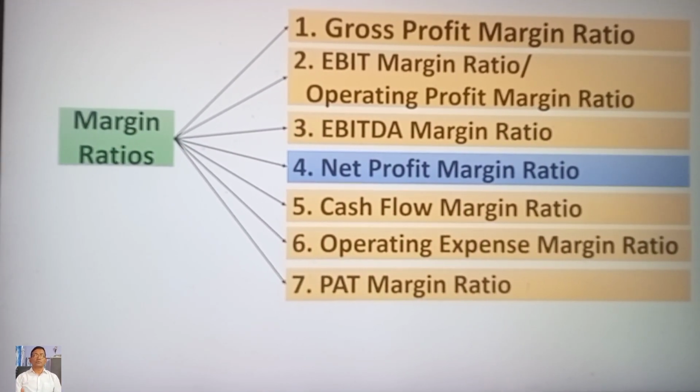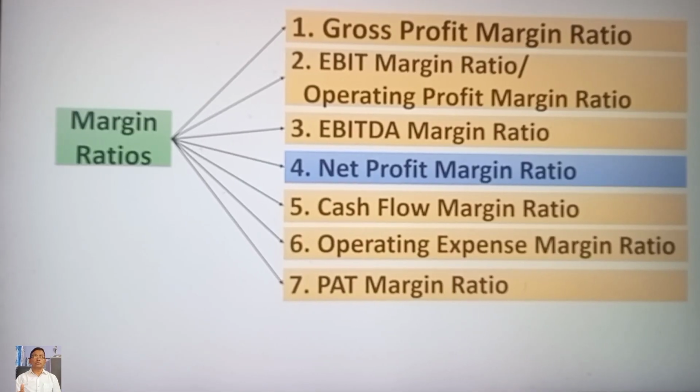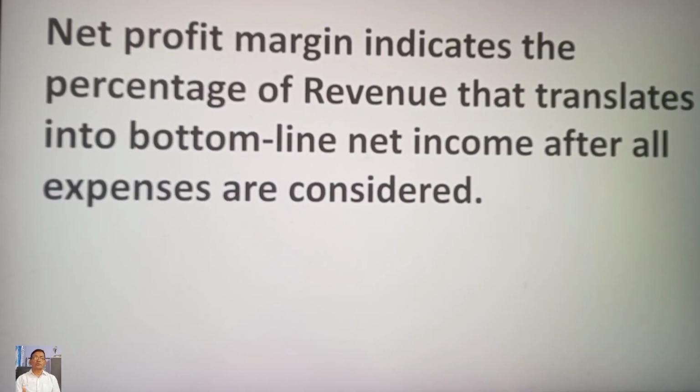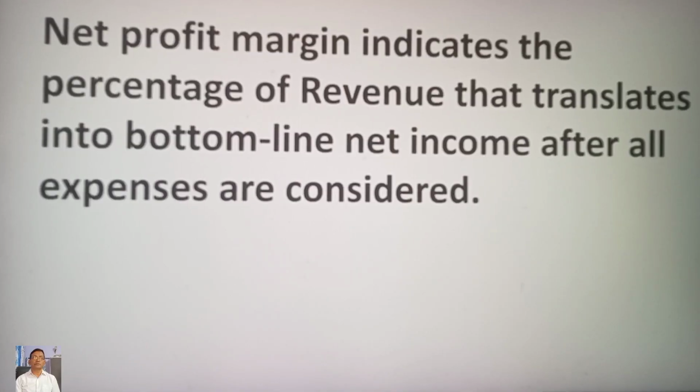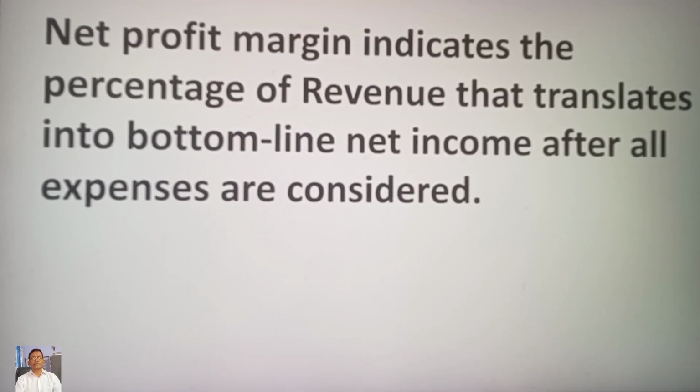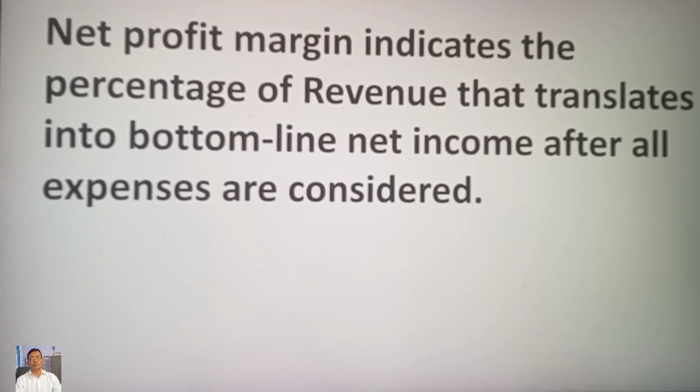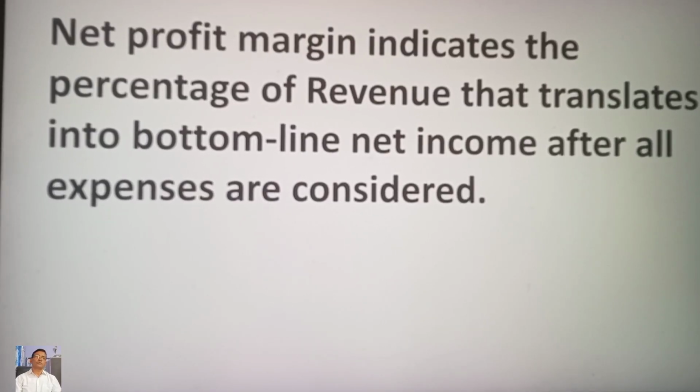Fourth, net profit margin ratio. Net profit margin indicates the percentage of revenues that translates into bottom line net income after all expenses are considered. It provides the final picture of how profitable a company is after all expenses, including interest and taxes, have been taken into account.